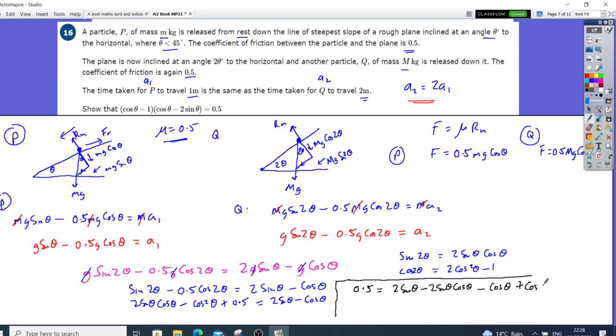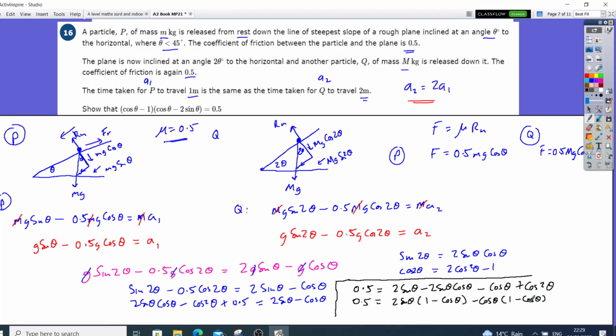Now if I factorize this one, take the 2 sine theta out, I'll get 1 minus cos theta, and that's going to be 0.5. And if I factorize this and take a minus cos theta out, I'm going to get 1 minus cos theta.